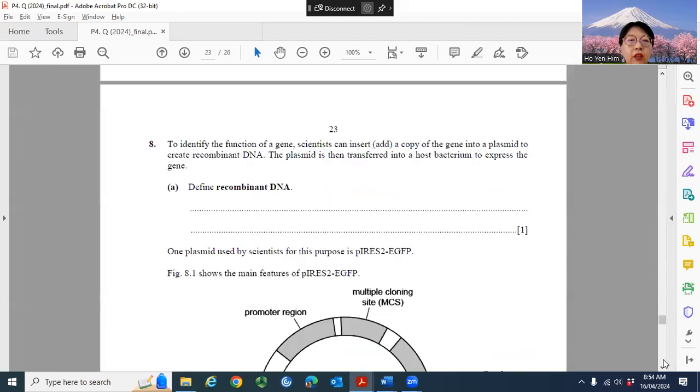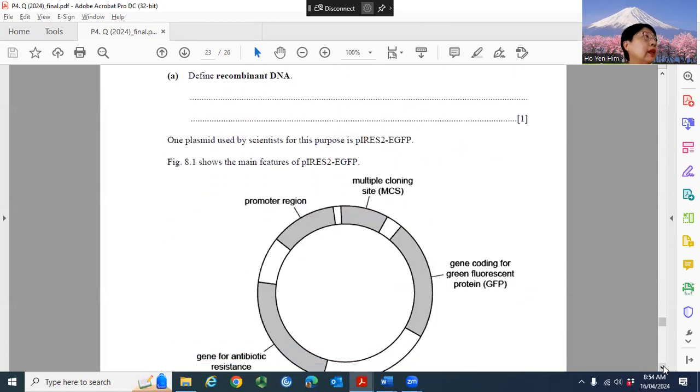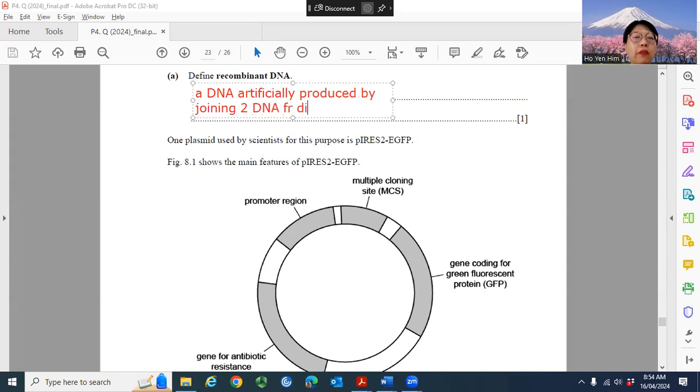So number 8, define recombinant DNA. So recombinant DNA, I've given to you in your notes that it is a DNA, right? Artificially produced by joining two DNA from different sources or organisms. So this is the definition I've given to you in your notes.